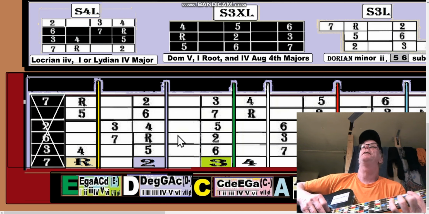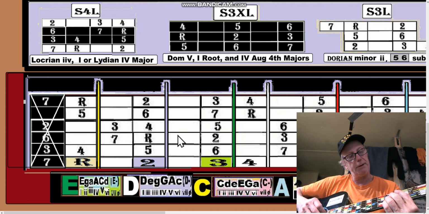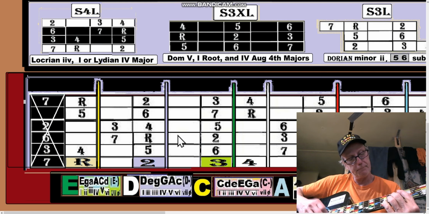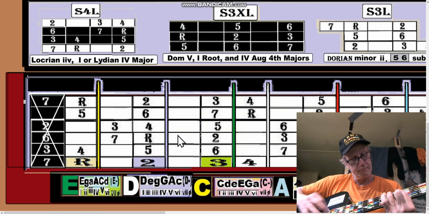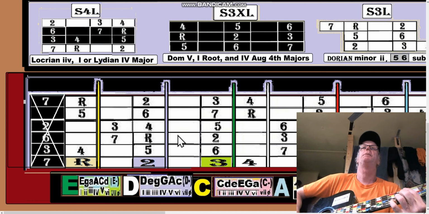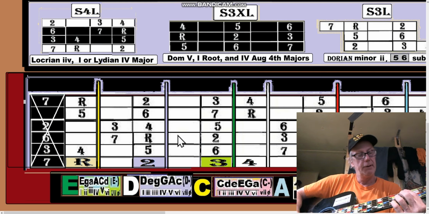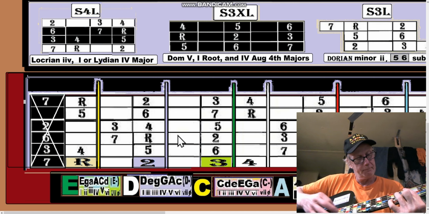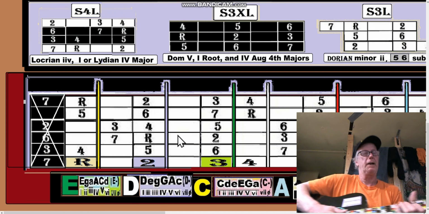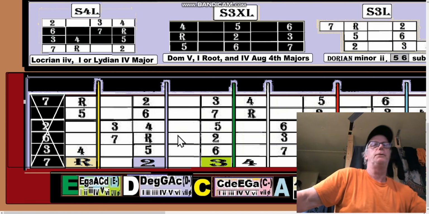So you would want to do a dominant there. So let's do this. See, that suspended fourth becomes the dominant. So it'd be like, okay, that's staying within the modes.